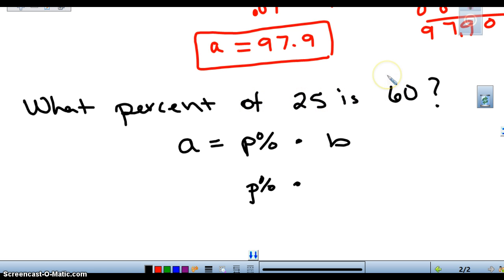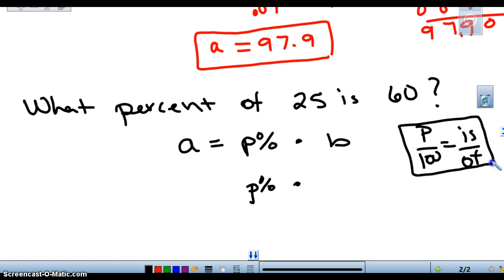You remember last week we had P over 100 equals is over of. Do you remember this? Okay, and we were solving as a proportion, and "is" was the part and "of" was the whole. So right here "is" would be A and "of" would be B, right?